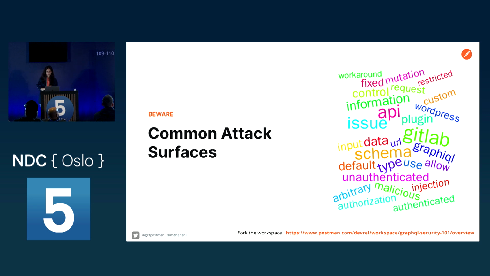And yeah, I made a word cloud. I may not have done an excellent job removing the noise from the word cloud, but there are words like authorization, authenticated, or information disclosure that you should pay attention to.